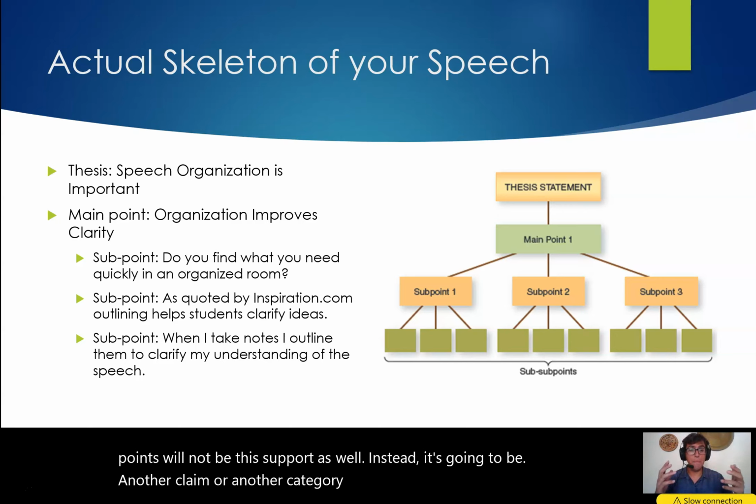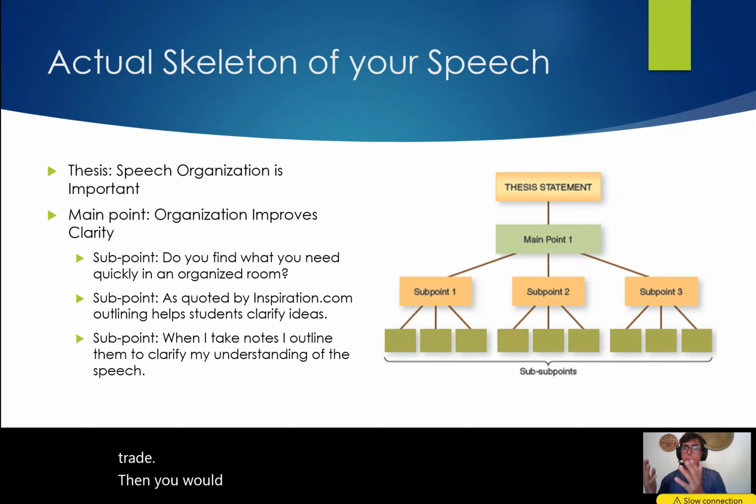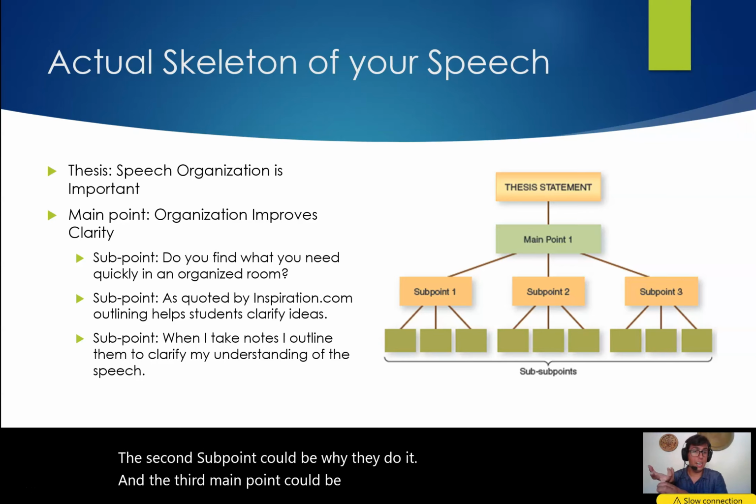So if the main point is ivory trade, then we would have the first subpoint be how they do it. The second subpoint could be why they do it. And the third subpoint could be what are the resources that are going to combating this?